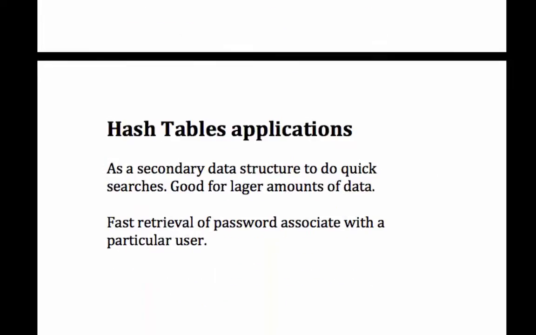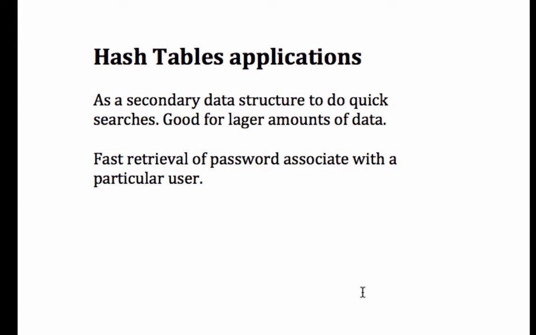Finally, what are the applications? First, keep in mind that a hash table is a secondary data structure. What does that mean? It means that we have a different data structure, a linked list, an array list, a set, a map, or a binary tree, where we have all these values stored. This hash table is just a data structure to search for values as fast as we can.